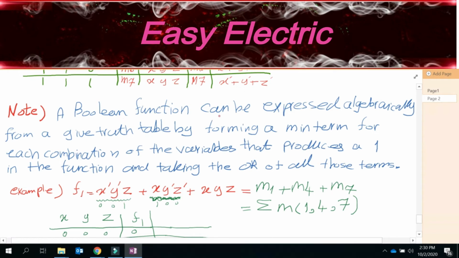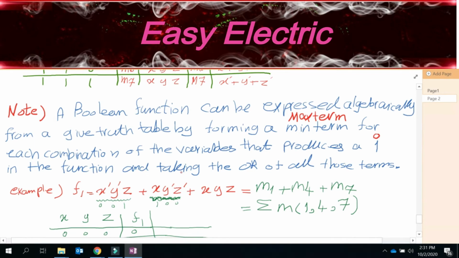So a Boolean function can be expressed algebraically from a given truth table by forming a maxterm for each combination of the variables that produce a 0. Suppose this is note 1; for note 2, you just change these minterms to maxterms, and you need to change 1 to 0.